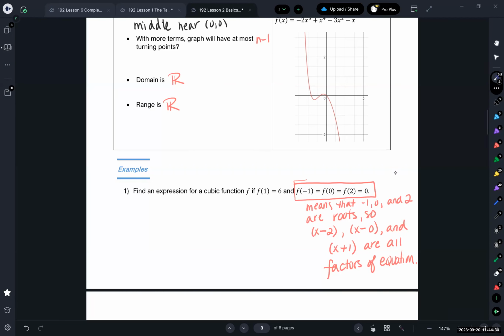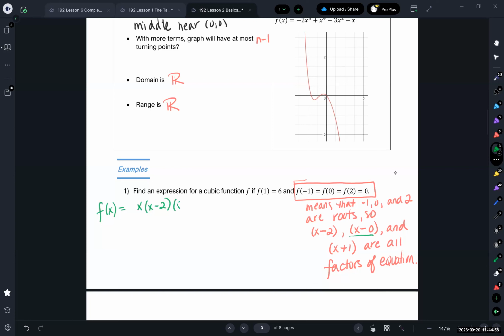So what we're going to do then, if we're looking for a cubic function, and we know that these 3 things are all factors, then we're going to write our function using those factors. x minus 2, x minus 0 is kind of funky. Can we just write that as x? So I'm going to put it out front.